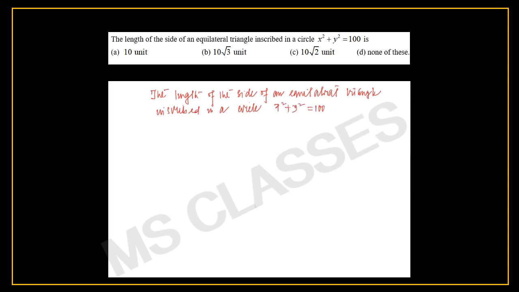Now very simple, we can compare this with x square plus y square equal to a square, and therefore a equal to 10 units. Therefore the length of side is given by root 3 a, so 10 root 3 units. So it's just a matter of one line. If we know the shortcut, we can apply it and get the result in no time.